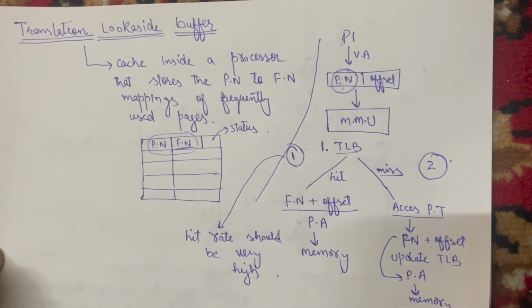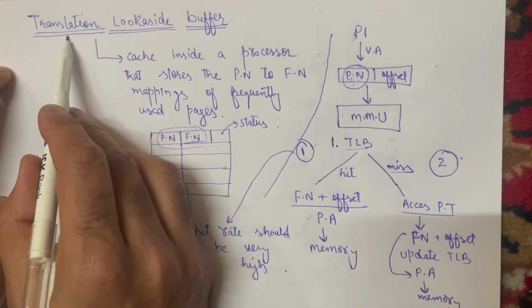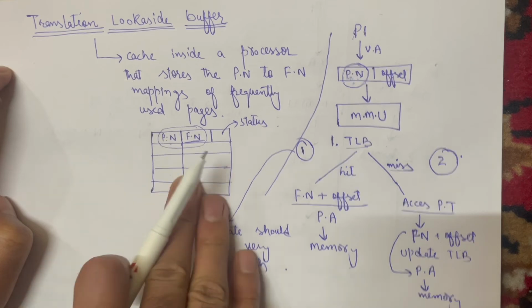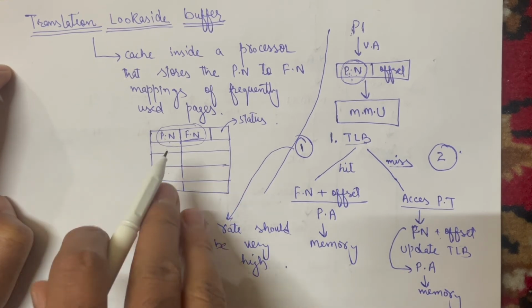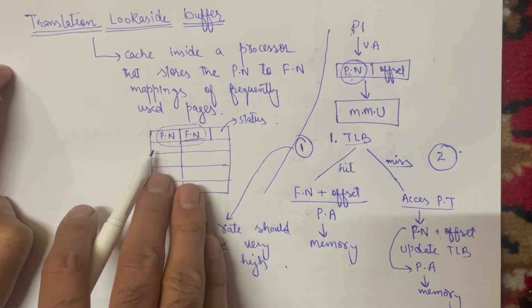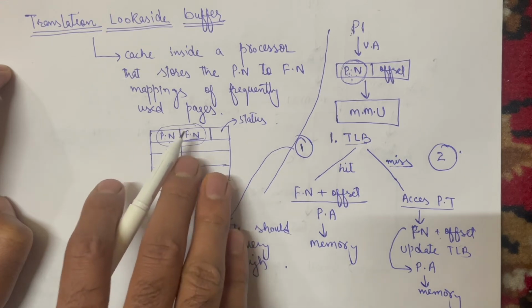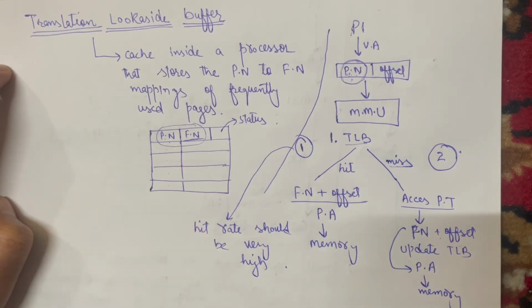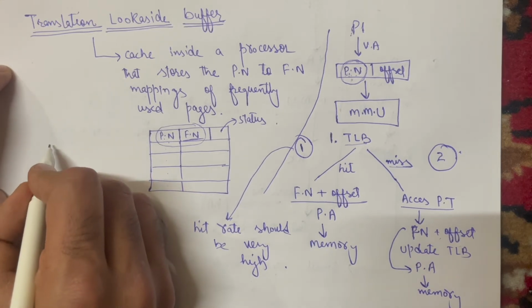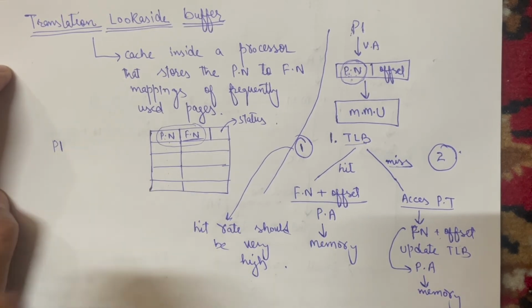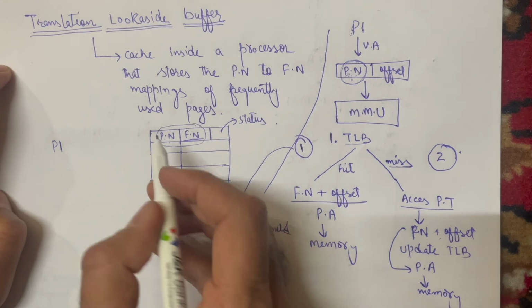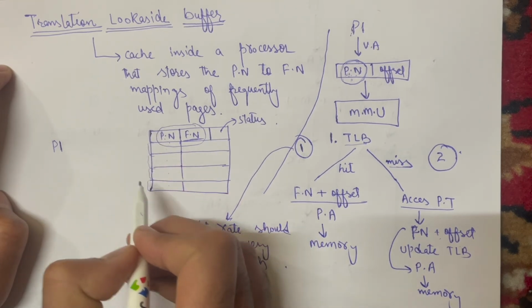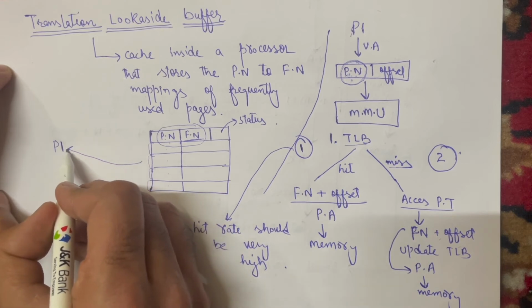Now the question that arises is, do we have translation look-aside buffer entries for every process, or, we can say, at a time are there multiple entries for multiple processes, or do all the entries belong to a single process? So if my process P1 is running, then the entries in the TLB at that particular point all belong to process P1.